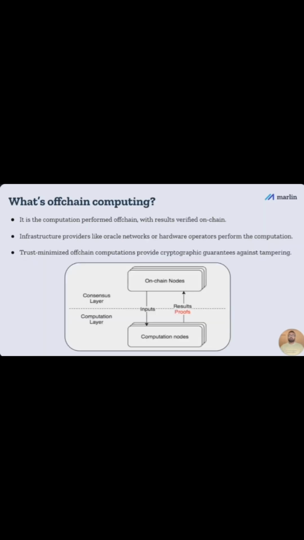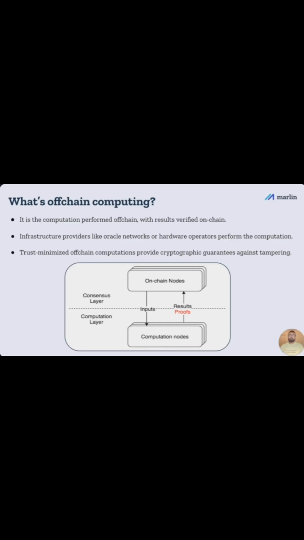So now comes the question of what do we actually mean when we say off-chain computing? In simple terms, any computation that is not performed on-chain, with its results posted and then verified on-chain, is off-chain computing. This approach enables us to build high-performance yet cost-effective applications that would not be possible with pure on-chain execution.